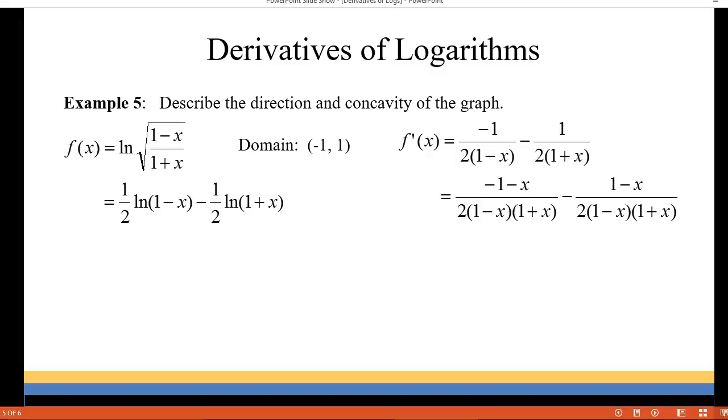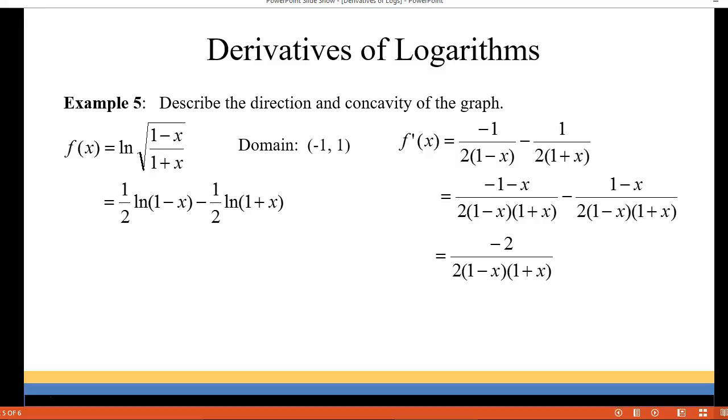Then we're finding a common denominator, so I multiplied the negative 1 by 1 plus x, and I multiplied the 1 in the second term by 1 minus x. Then we're subtracting the two fractions, so I have negative 1 minus 1, which is negative 2, and negative x minus negative x, which gives us 0.